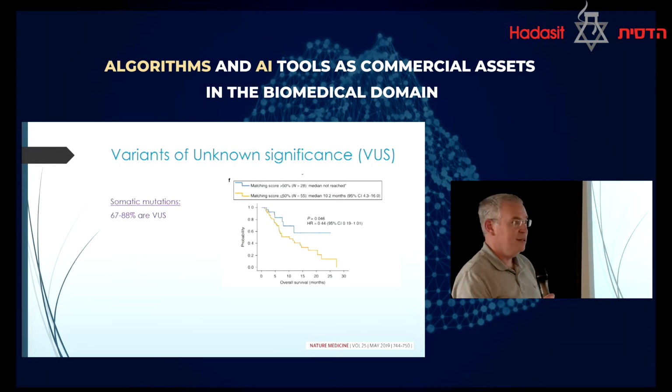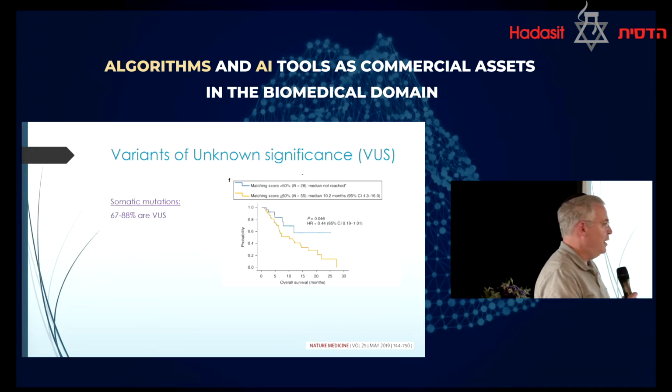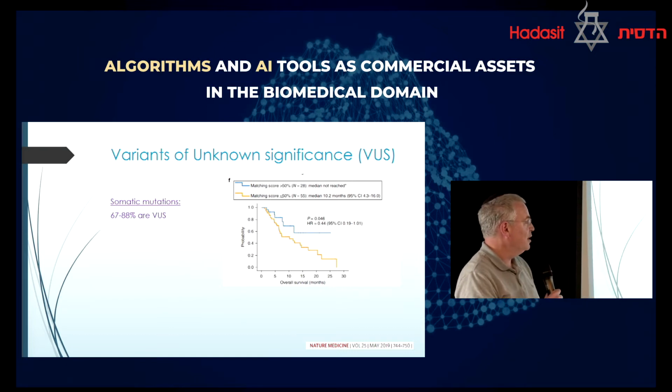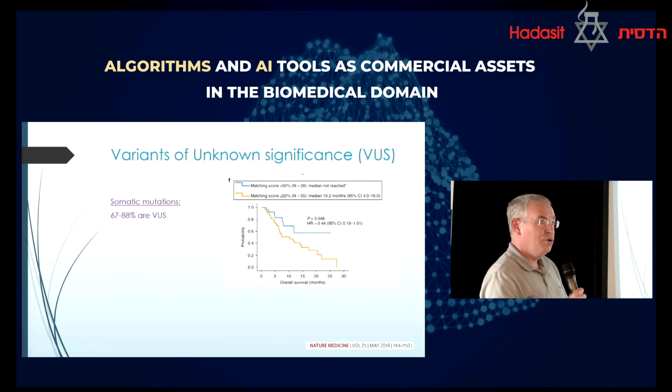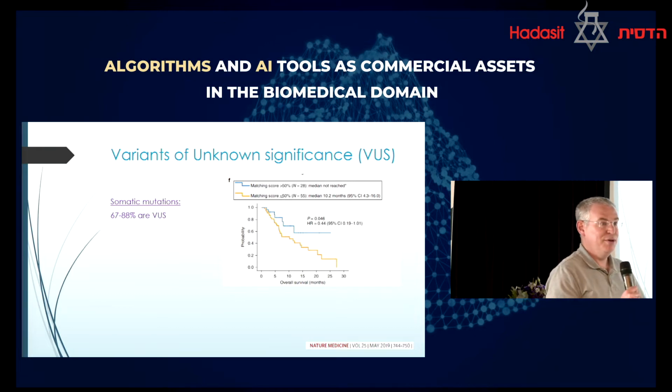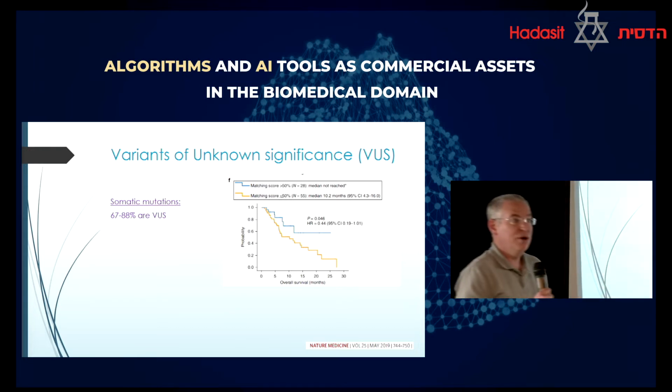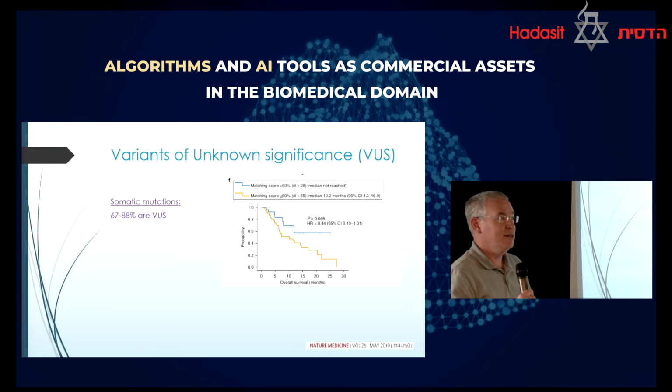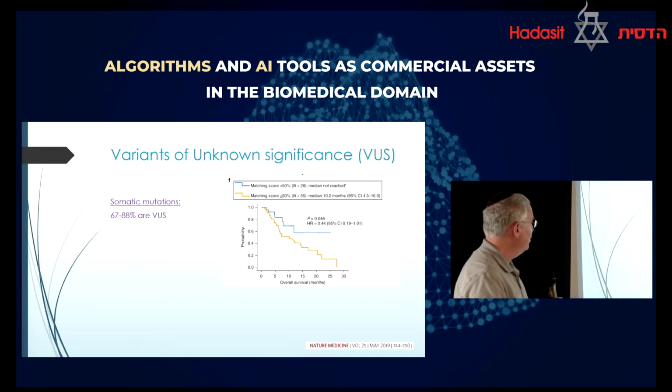And this is important because we now know from, for example, one study from 2019, that if we target by drugs more than 50% of the driver mutations of a tumor, then the survival is much better. So maybe we treat two mutations that we know about, but maybe those variants of unknown significance hide two or three more pathogenic mutations. We are just not aware of it because it's inside the forest of 30 different mutations.